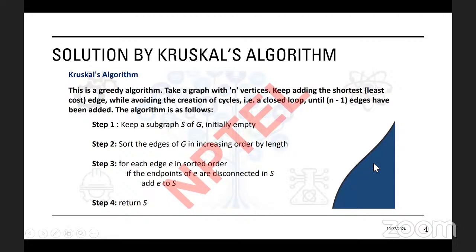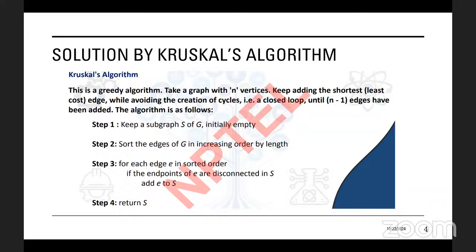In Kruskal's algorithm, which is basically a greedy algorithm, we first start with an empty set, let's say there is no graph initially. Then we sort each and every edge in increasing order by length. Then we start adding these edges into the subgraph, in that order, meaning the edge with the minimum weight is added first.